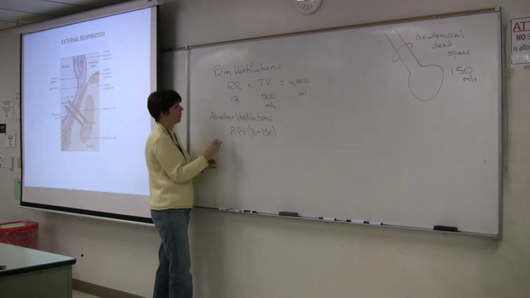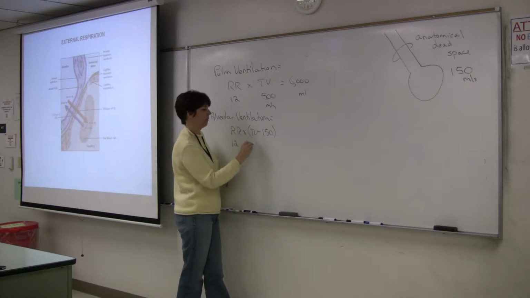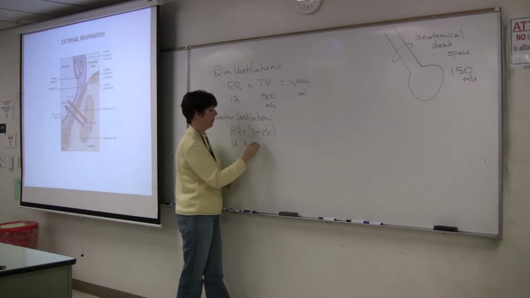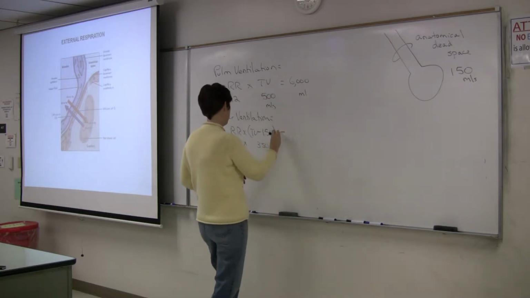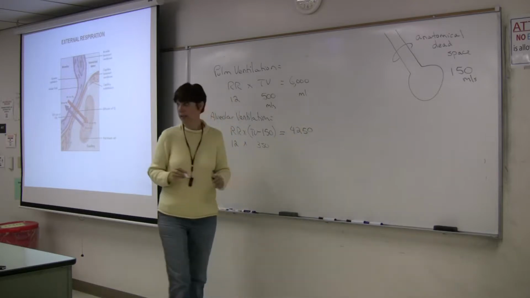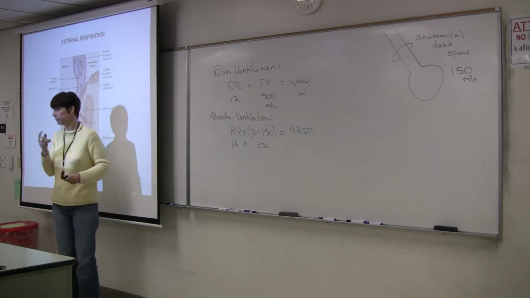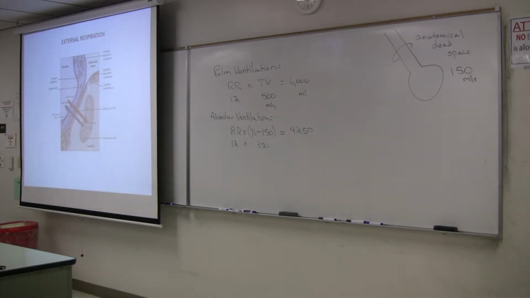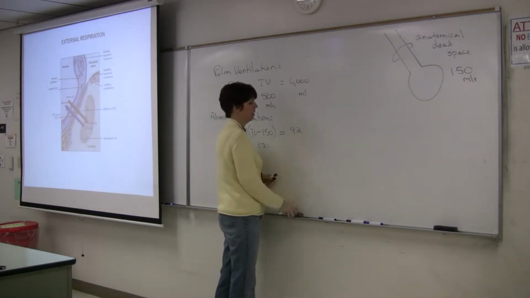Okay, so if we take this formula, 12 times 500 minus 150, which is 350, and that comes to, I believe, 4,200. It's in the table on the next page, on page 52. So it's a good amount.